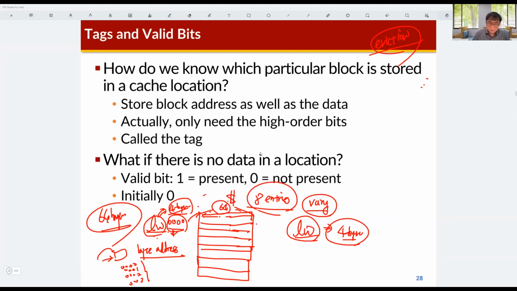So in this case, the load word just requests 4 bytes of data, but the cache requests 64 bytes of data from the low-level cache or main memory. Understand? So this load word misses in the cache and requests the entire block of data from the low-level memory or low-level cache.